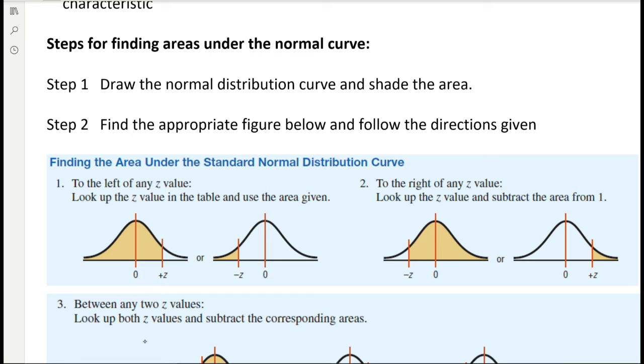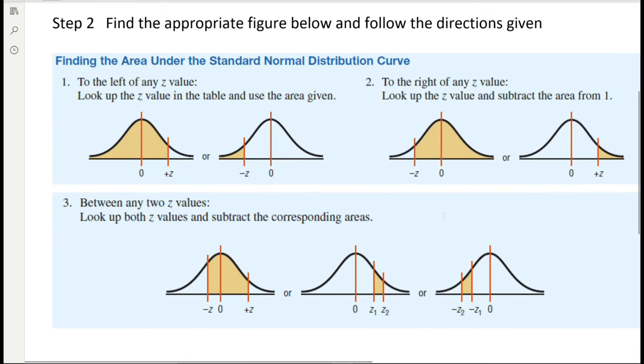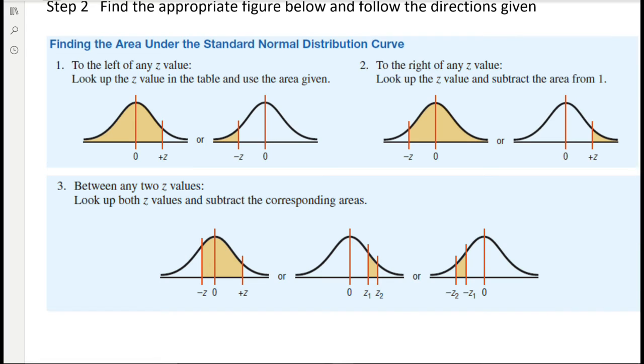That would be case 1. If you're looking for an area to the right of a given z value, that would be case 2, and you would look up the z value and subtract the area from 1. If you're looking for the area between two z values, that would be case 3, and you would simply look up both z values and subtract the corresponding areas.